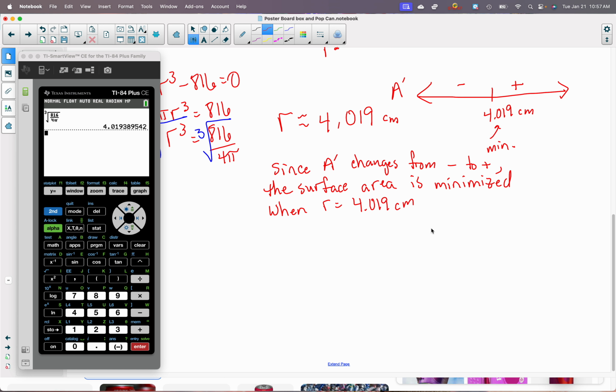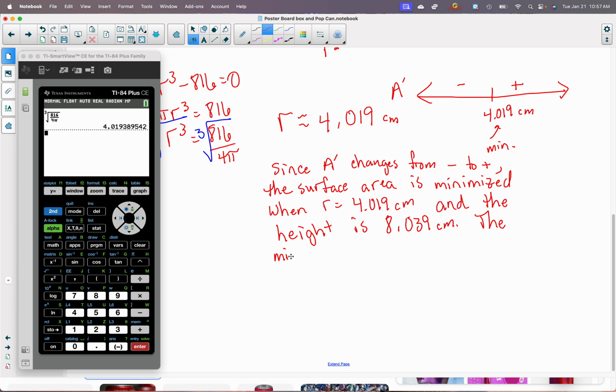We can plug this in to find the height because we had a formula for the height. If you look back, remember we said the height was 408 over pi r squared. So the height, if you plug that in, you will get 8.039 centimeters.